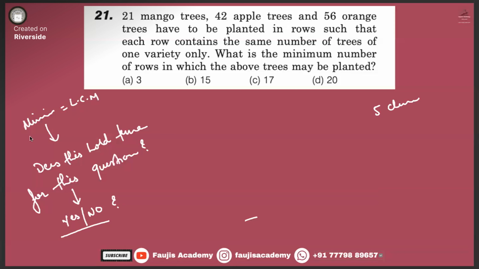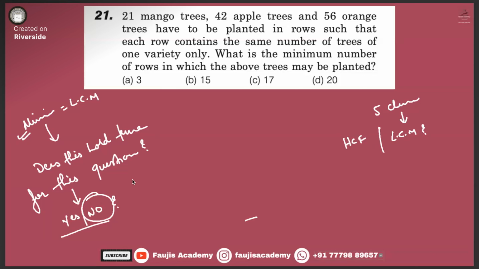I'm asking, does this thing that I've been teaching you hold true for this question as well? Over here they're asking, what is the minimum number of rows in which the above trees may be planted? So should we find LCM or HCF? HCF, sir.